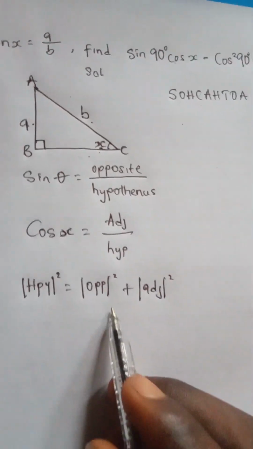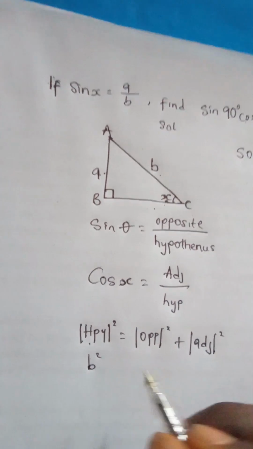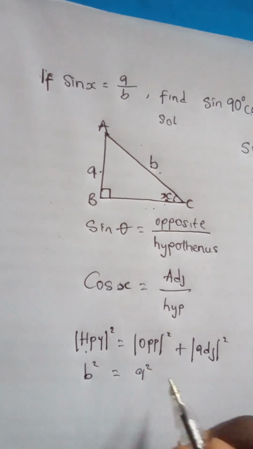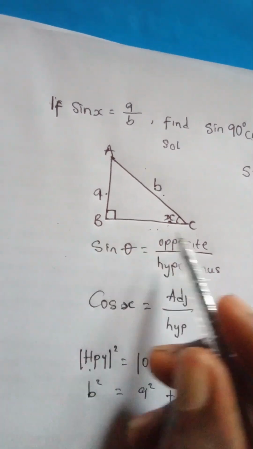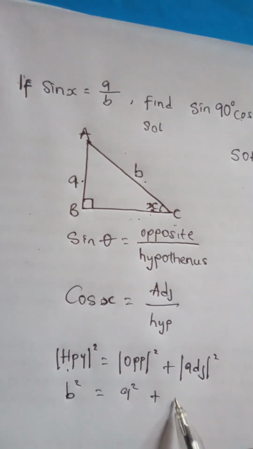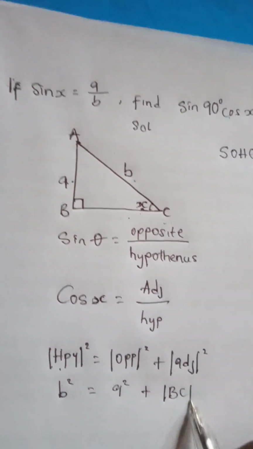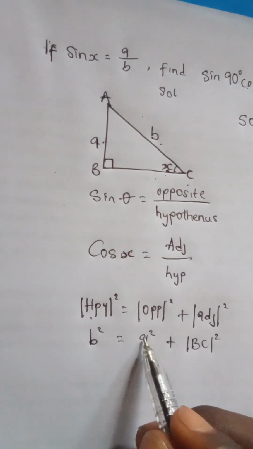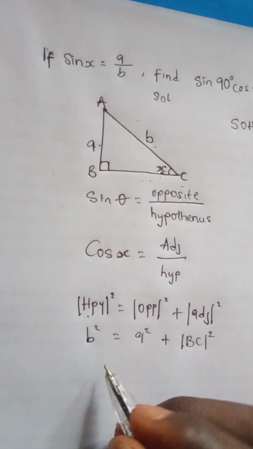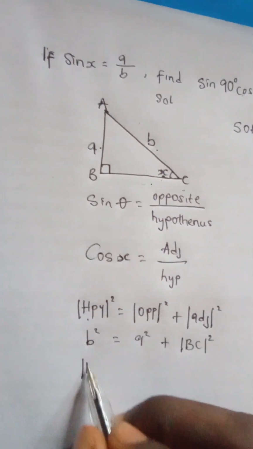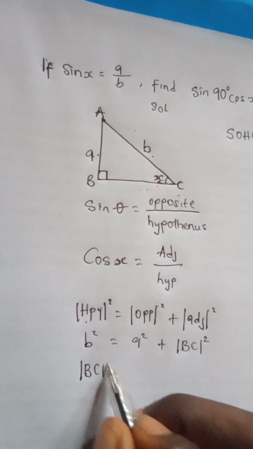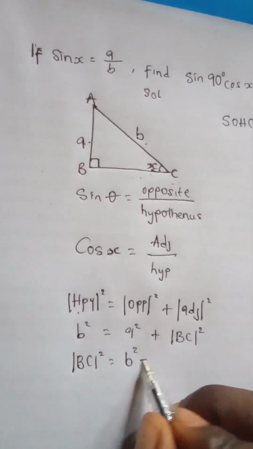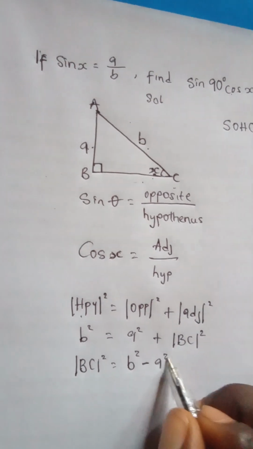So let's substitute here. b squared is equal to the opposite, which is a squared, plus the length BC squared. So this a squared crossing over to this side, we have that BC squared is equal to b squared minus a squared.